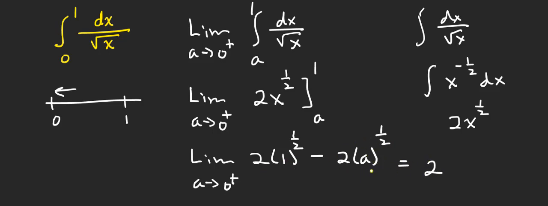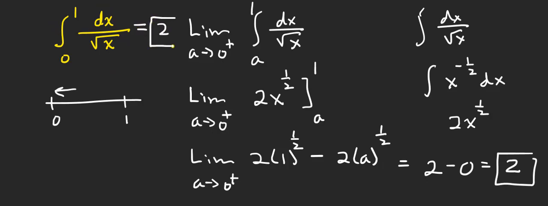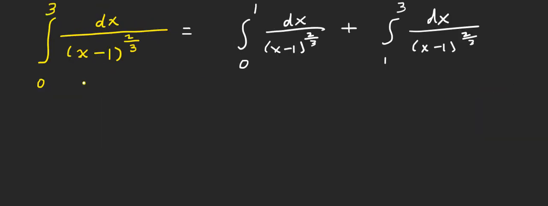As a approaches 0 from the right, this a is getting very close to 0. So you end up getting 0 over here. So it's 2 minus 0, which is just 2. So the answer to this improper integral is 2. So therefore, this converges. Now let's take a look at this example over here.